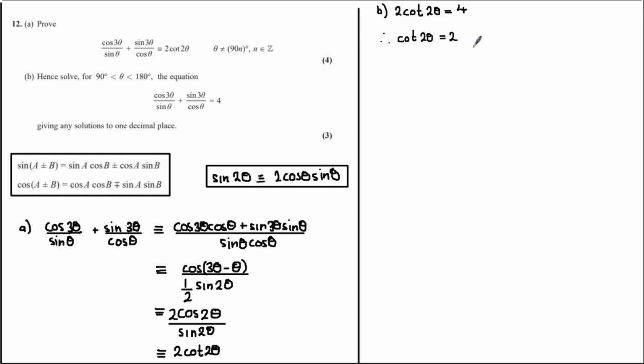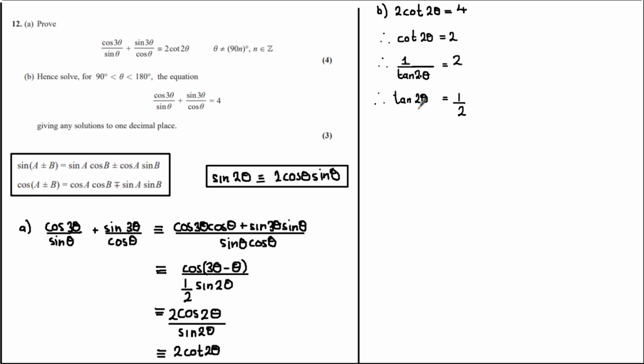When solving trig equations, you always want to try and convert these reciprocal trigonometric functions into the standard sine, cosine or tan. So we know that cot 2 theta is equal to 1 over tan 2 theta, and therefore let's write that 1 over tan 2 theta is equal to 2. Taking the reciprocal of both sides of the equation gives us that tan 2 theta is equal to a half.